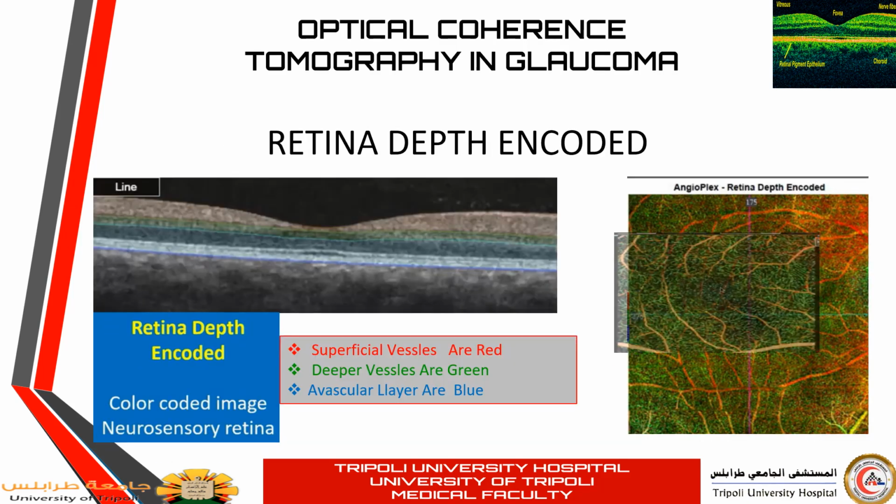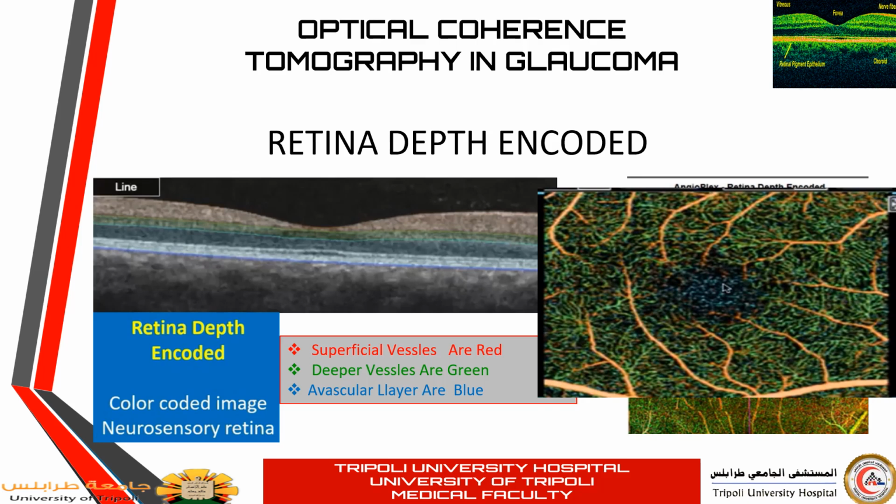The second picture you see is the retina depth encoded. This is a pseudo-colored image of the retina. It shows the full thickness of the neurosensory retina down to about 70 microns above Bruch's membrane, and the colors appear red, green, and blue.